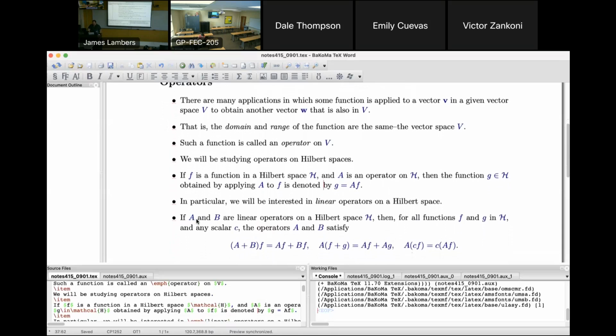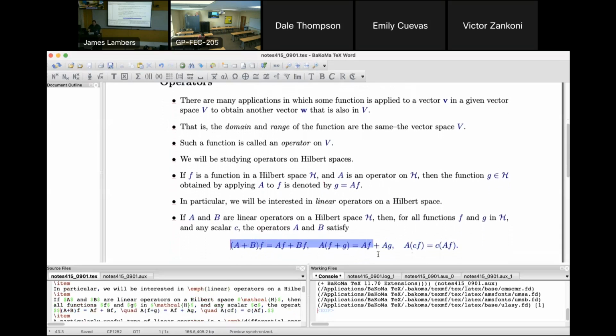So what makes an operator linear? It's these properties right here. A and B are linear operators, f and g are functions from a Hilbert space. Applying a sum of linear operators to a function means you can apply the operators to the function individually and add the results together.